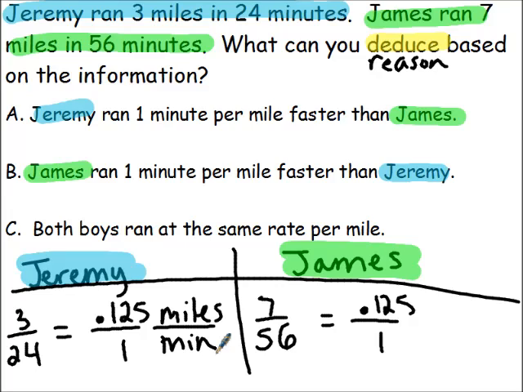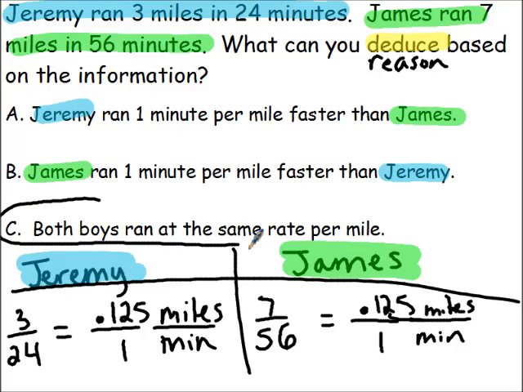And James would run 0.125 miles in 1 minute. And so the correct answer choice would be C. Both boys ran at the same rate per mile.